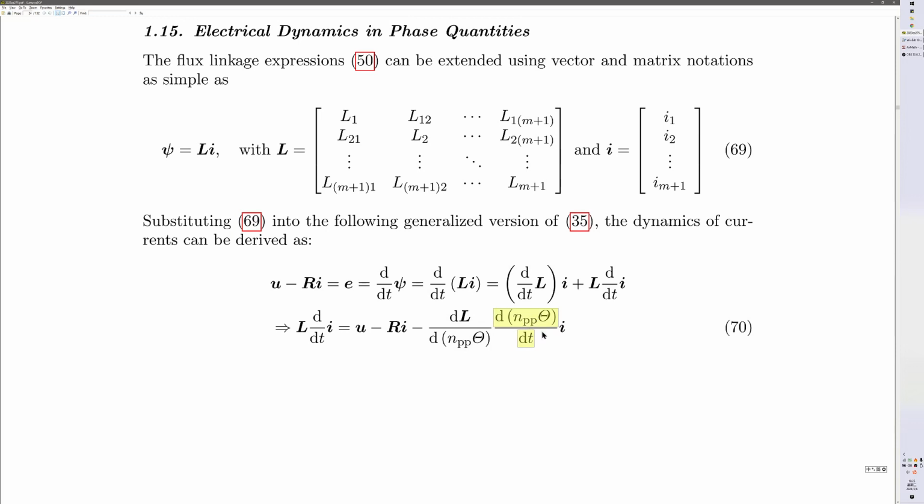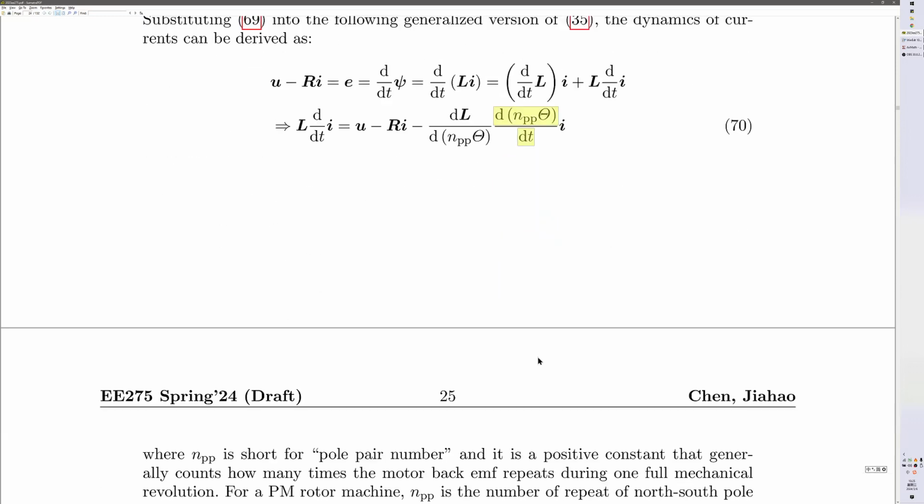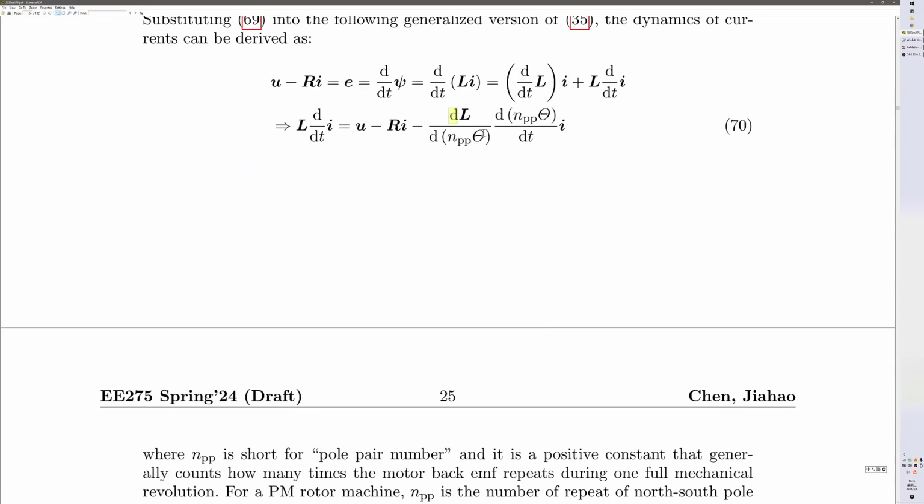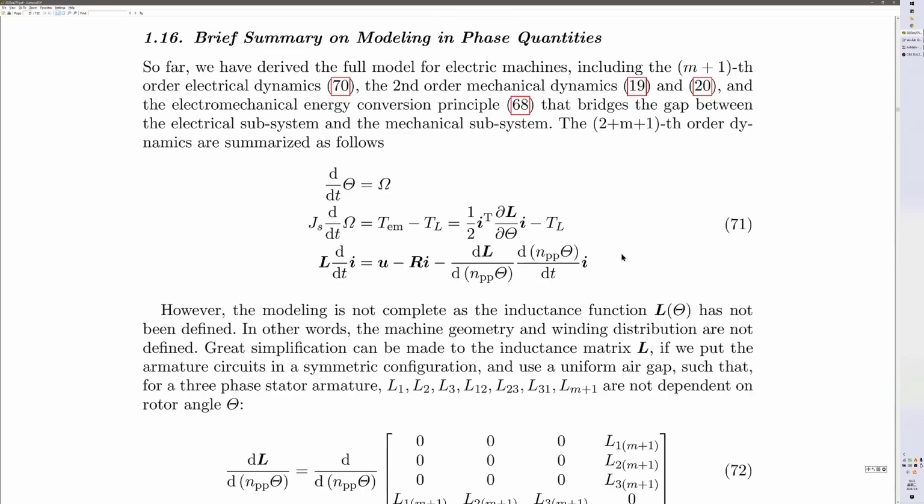This is the mechanical speed, and times the number of pole pairs, it becomes the electrical angular speed. We have seen this term in our torque expression. Basically, it's a flux linkage in its dimension. The unit for this term is Weber, Wb. That's the electrical dynamics here.